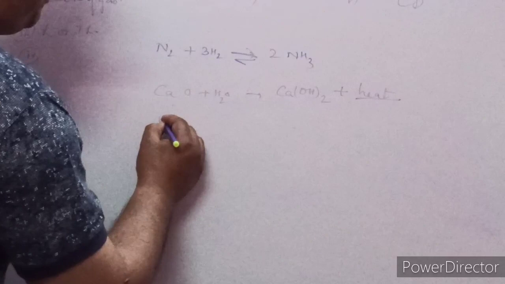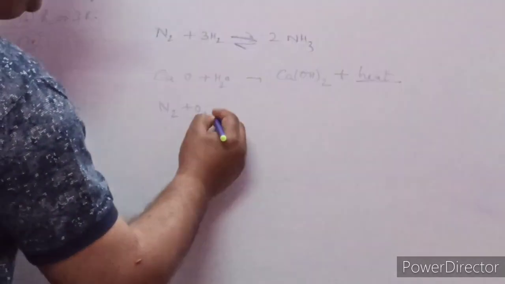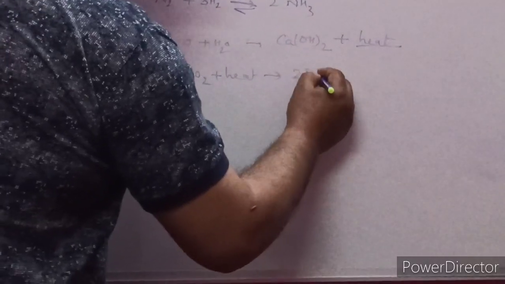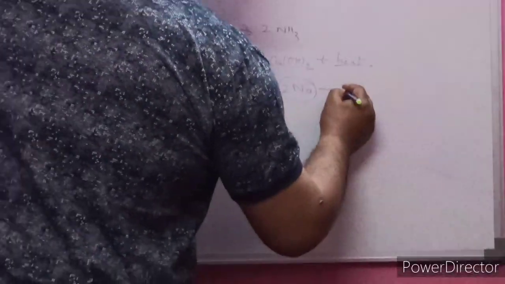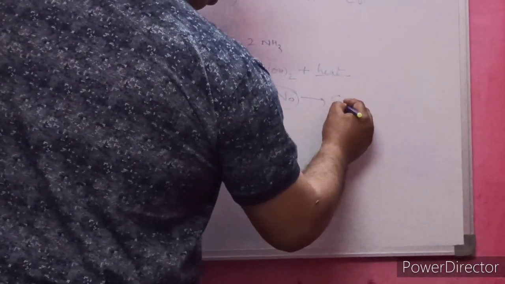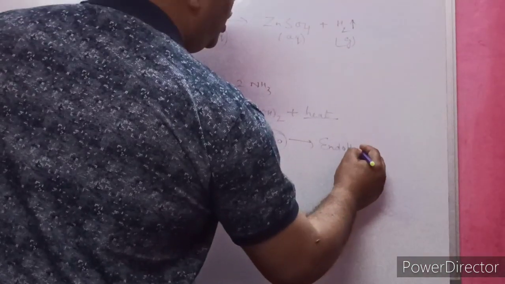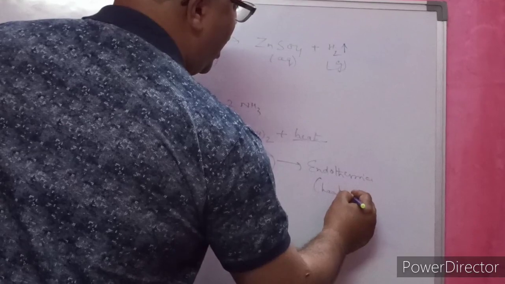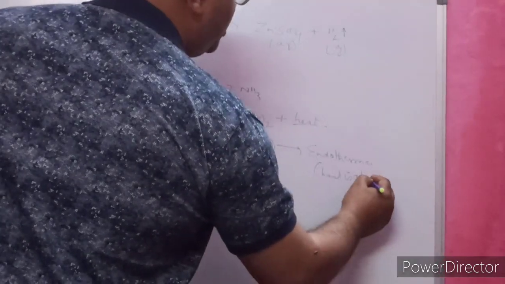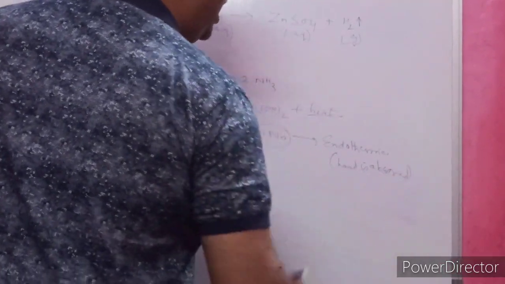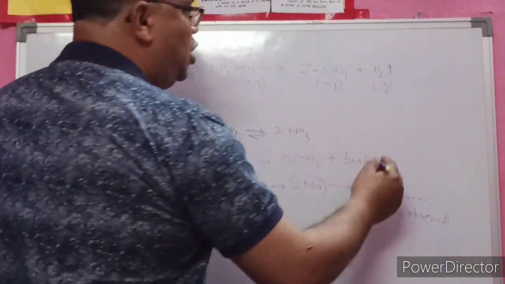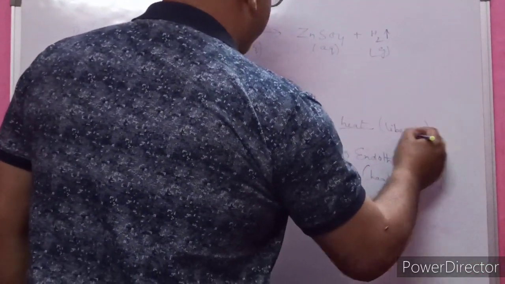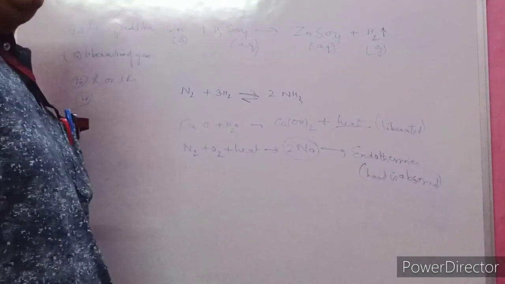If you take one more example, N2 plus O2 gives 2NO, here heat is absorbed. This type of reaction, where heat is absorbed, is known as an endothermic reaction. That type of reaction, where heat is liberated, you call an exothermic reaction.